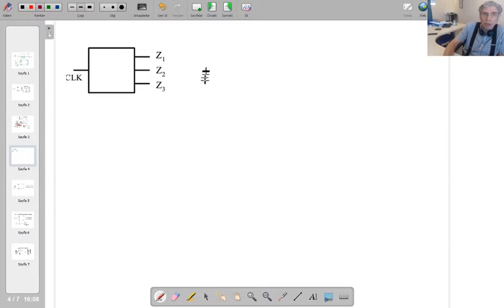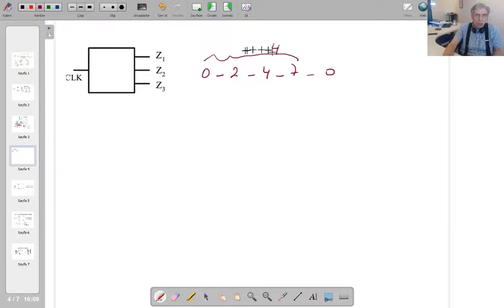Now we are saying we are going to count 0, 2, 4, 7, then 0. So in order, if we can consider those as states, the number of different states is just 4, isn't it? In order to represent 4 different states from each other, 2 variables are enough.